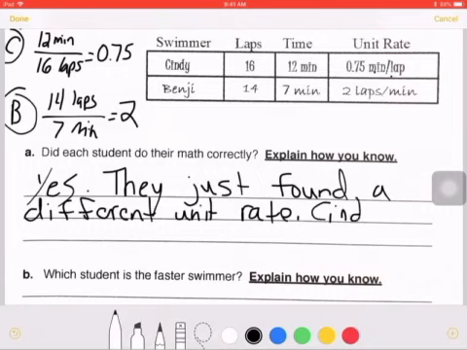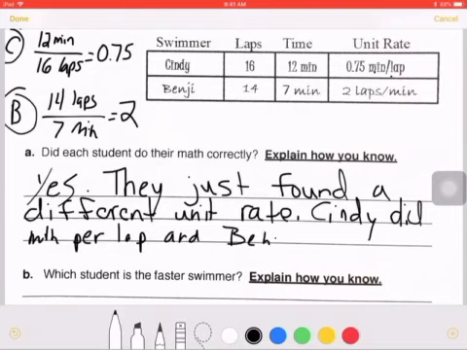Cindy did minutes per lap, and Benji did laps per minute. So they were both right, they just found a different unit rate.